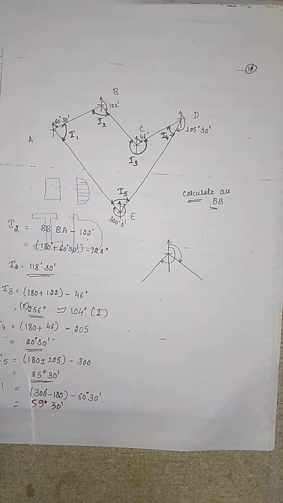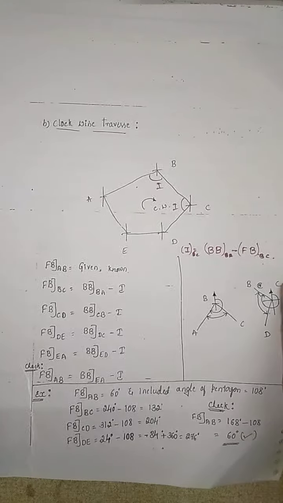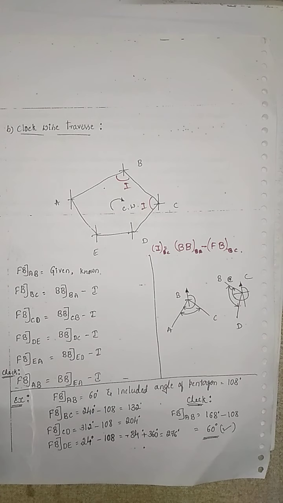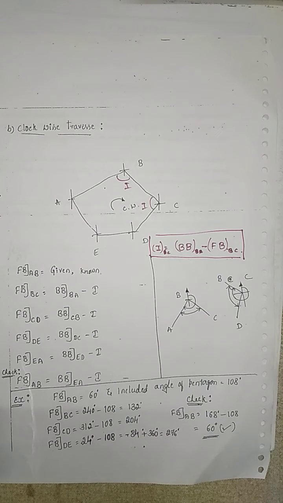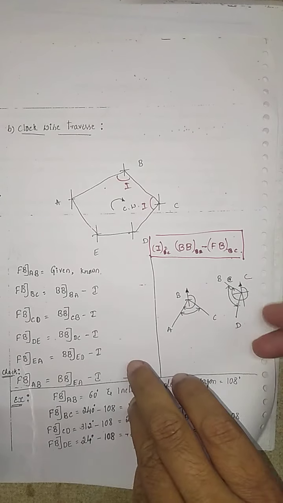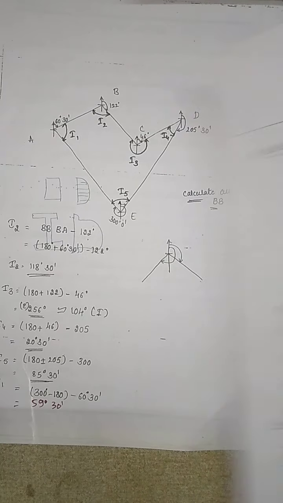Now since the traverse is in clockwise direction, in order to calculate the included angle, which formula will you be using? You will be using the formula back bearing minus fore bearing. Included angle is equal to back bearing minus fore bearing.